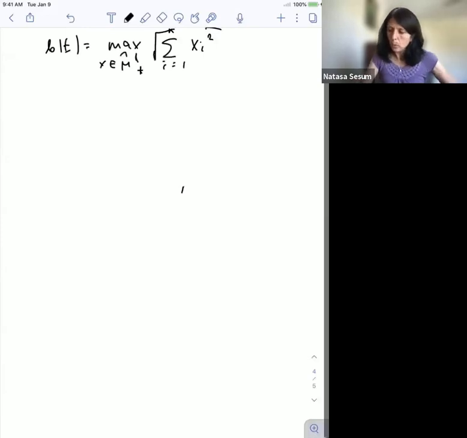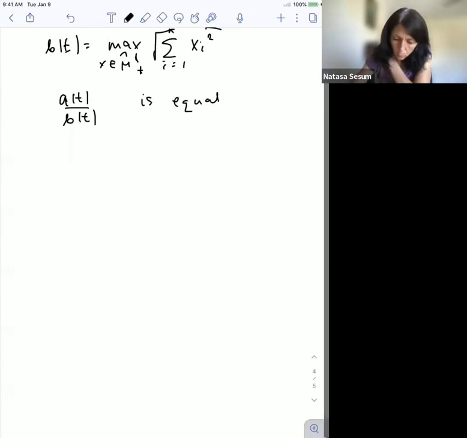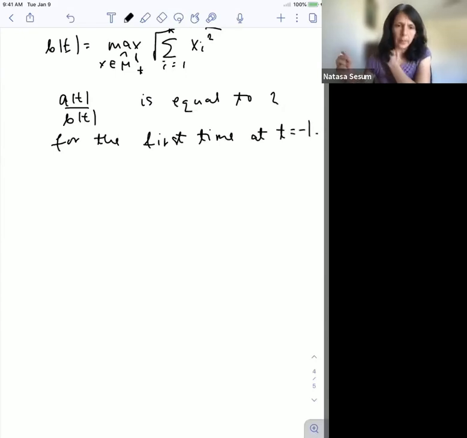And then what you look at is this ratio A of t over b of t. You rescale your original mean curvature flow to produce this rescaled flow, first of all, so that the extinction time is 0 for every L, and second, so that the ratio of these radii is equal to 2 for the first time at time t equal to -1.